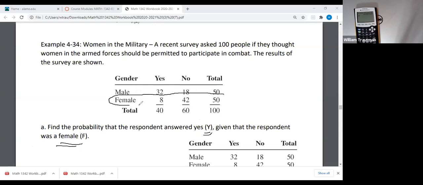So this is one way of looking at it. Given the respondent is female, we're only looking at the females because it said that's the given. That's what we want you to look at. What's the probability that they said yes? And it's right here, 8 out of 50. And then, by the way, that reduces. They both divide by 2, 4 out of 25.